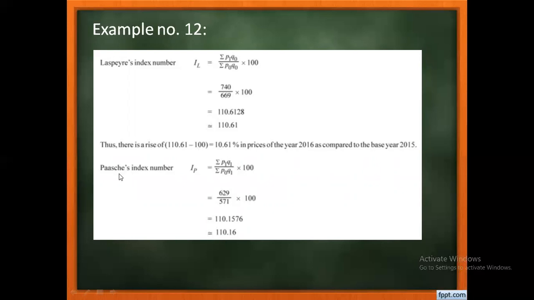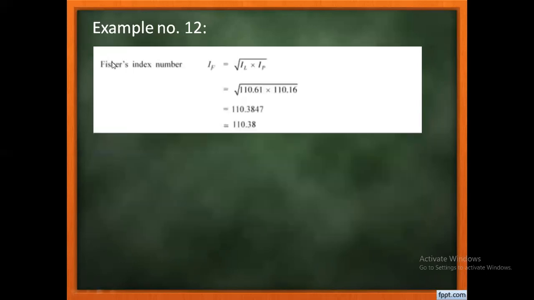Similarly, Paasche's index number IP is equal to sigma P1Q1 upon sigma P0Q1 into 100. 629 divided by 571 into 100. So your answer is 110 point, here you can round it off, 110.60. And finally, we'll calculate Fisher's index number IF, which is equal to under root IL into IP.